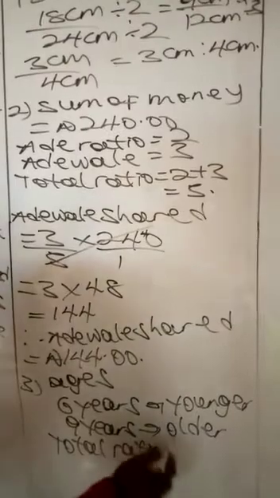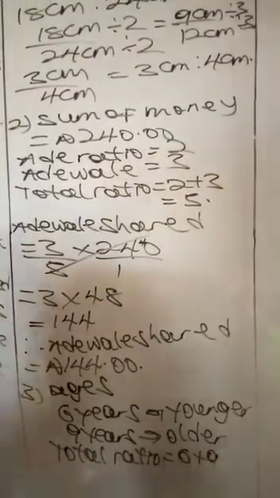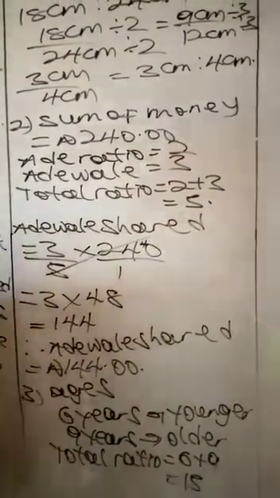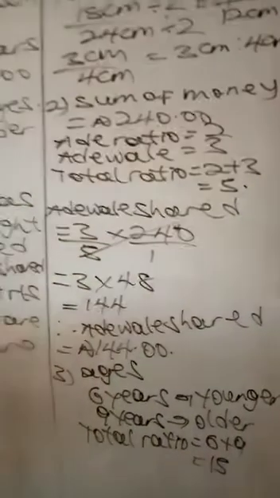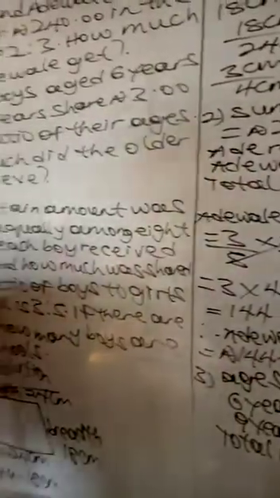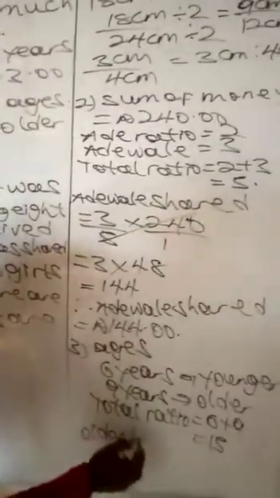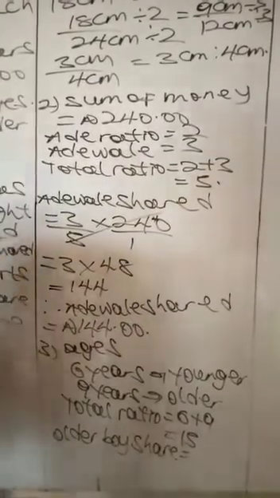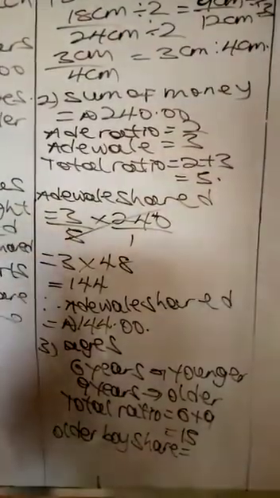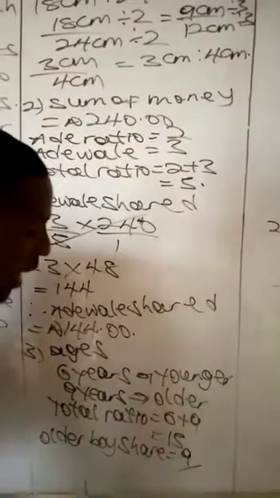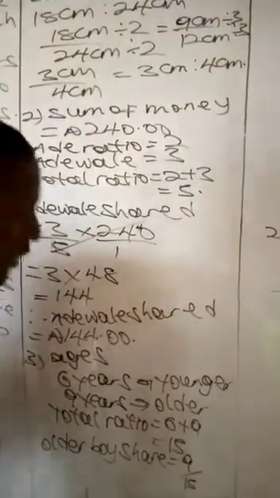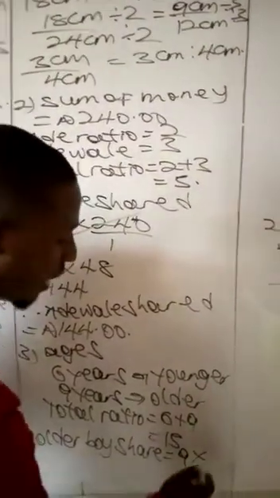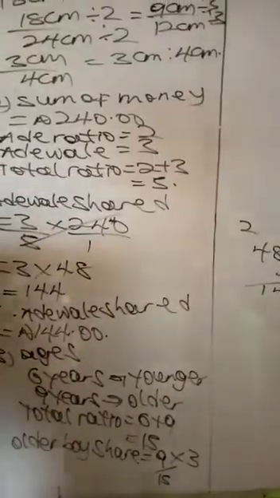Then we're going to take their total ratio. Total ratio is going to be 6 plus 9. That will give us 15. So the question reads, how much did the older boy receive? The older boy's share is going to be the older boy's ratio, which is 9, over the total ratio, which is 15, times the amount they are sharing, which is 3.